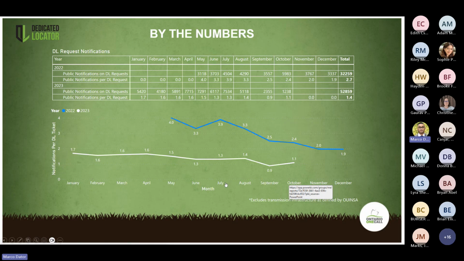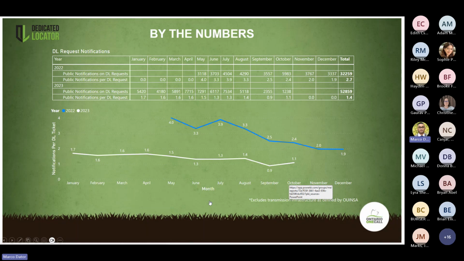As the year progressed from last year to where we're at right now with dedicated locator, we're seeing more and more members acting upon dedicated locators. So when projects are coming through, members are better prepared, have available mapping, and are able to work with the DLSPs.